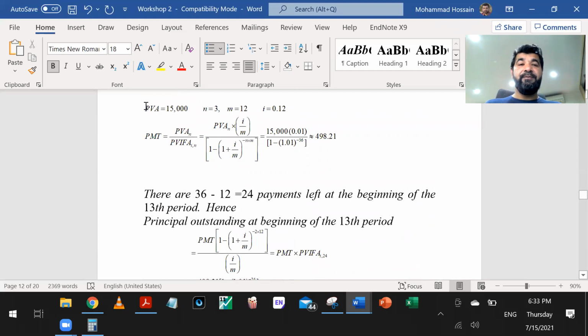Present value of annuity $15,000, loan taken from the bank for 3 years, M equals 12 is monthly payment, 12% interest rate. So from here you find the payment is actually 498.21. That's your payment.